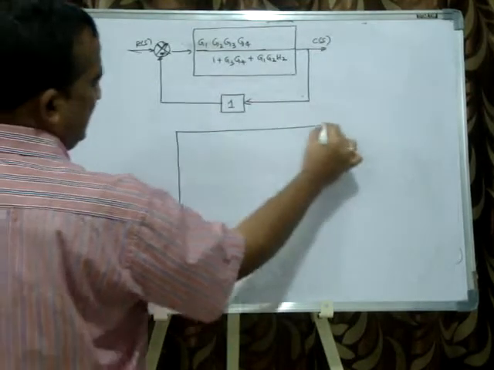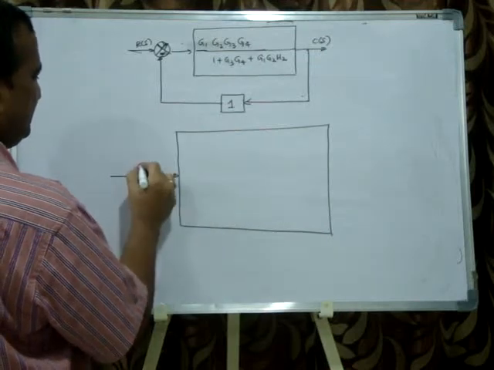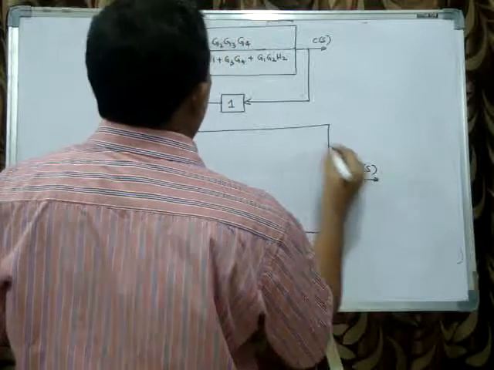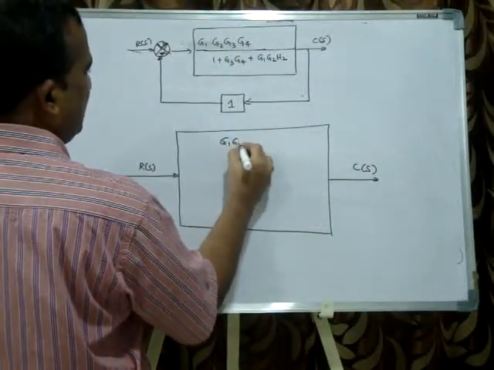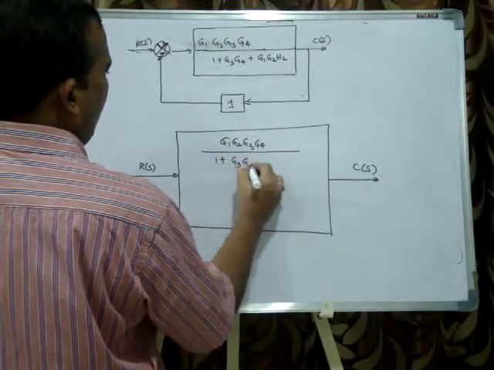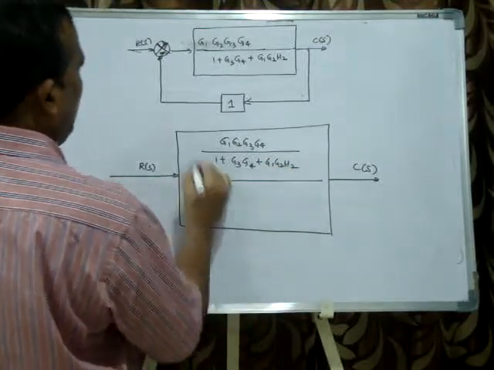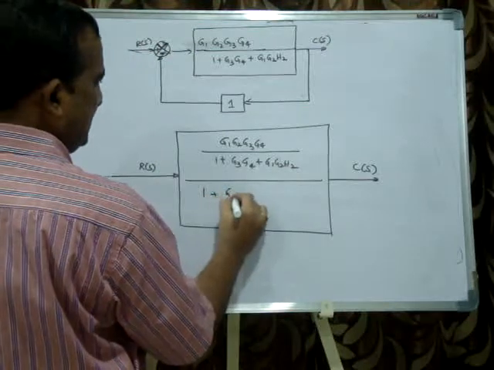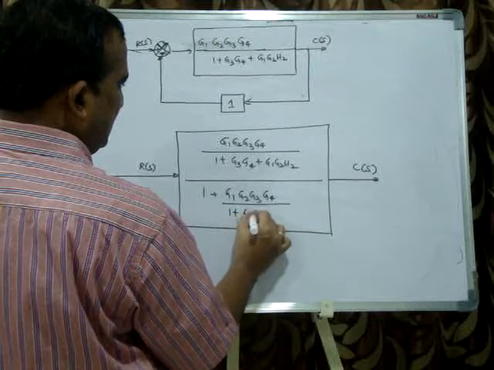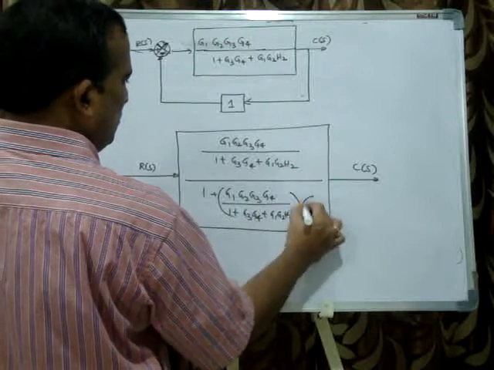Finally, this is R(s) and this is C(s). Now feed forward element divided by 1 minus, if minus there means plus, feed forward into 1.